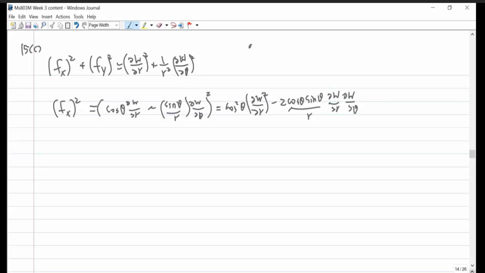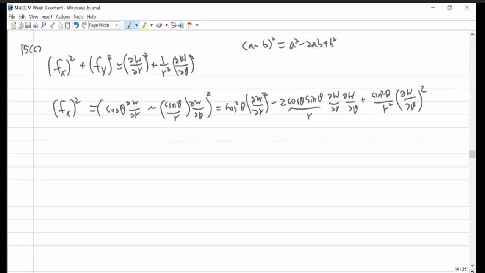And using a minus b square, a square minus 2ab plus b square, right? So the last one is sine square theta over r square, dw d theta square.